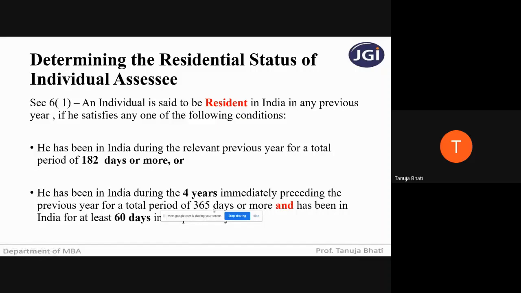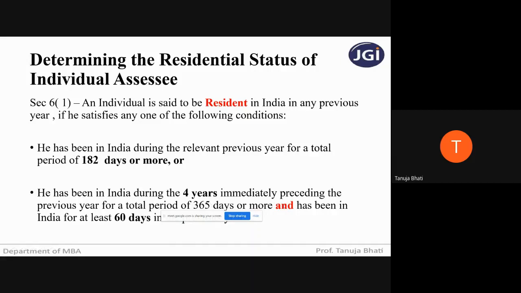The second condition is in the years immediately preceding the relevant previous year. Whatever assessment year is given, immediately preceding that is the relevant previous year, and immediately preceding the relevant previous year, you have to check 4 years. In those 4 years, if he has been in India for a period of 365 days or more, you have to count the number of days he is staying in India.